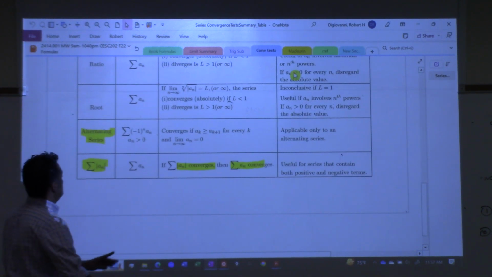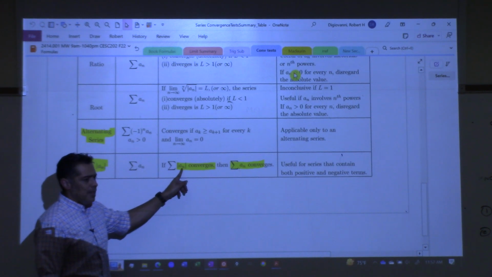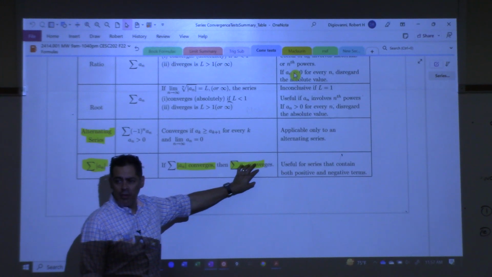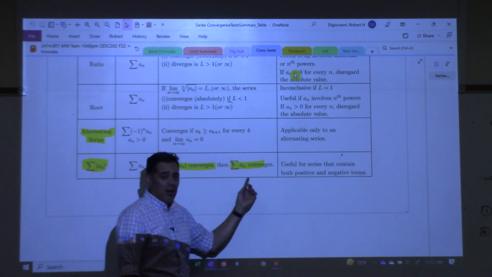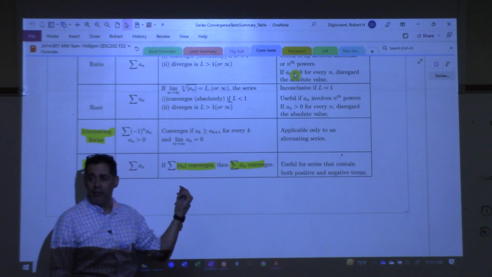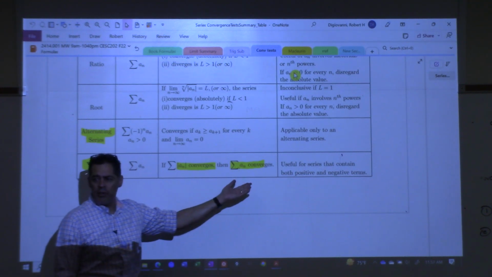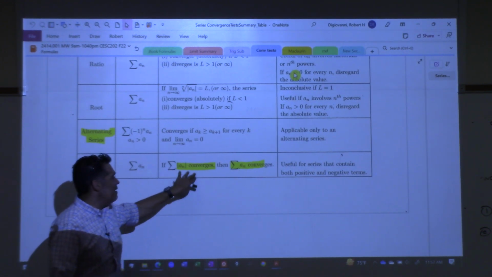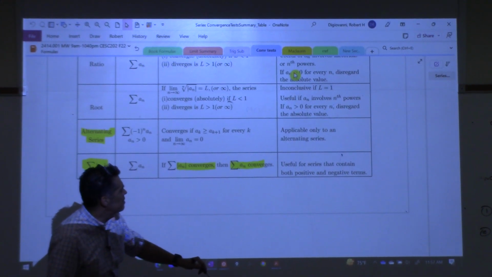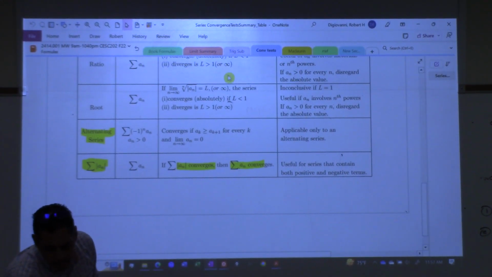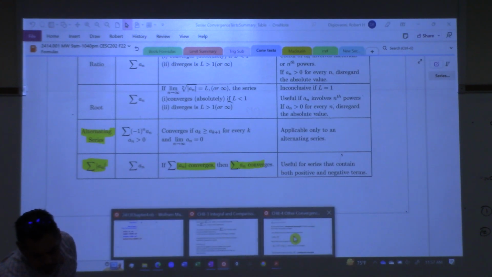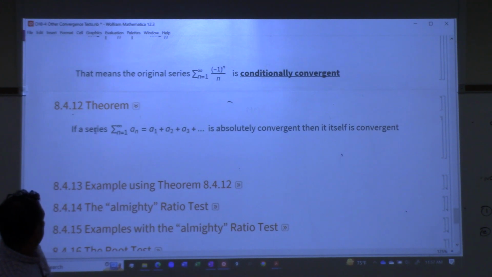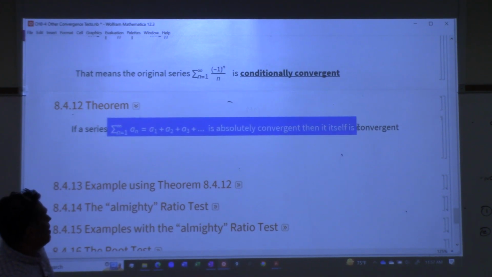So if you're given a series, if we have absolute convergence, that forces the original series to converge. So sometimes when we're trying to figure out if a series converges, we just look at its absolute value. And if the absolute value converges, then that forces the original series to converge. If this diverges, then you don't know what that does. There's the theorem. If a series is absolutely convergent, then it itself is convergent.